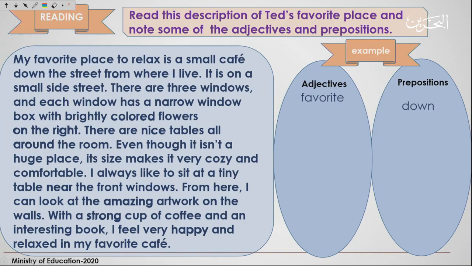You got 1 minute to note them down. Now this paragraph is filled with adjectives and prepositions. That's why I said note some of the adjectives and prepositions. Let's check your answers all together.